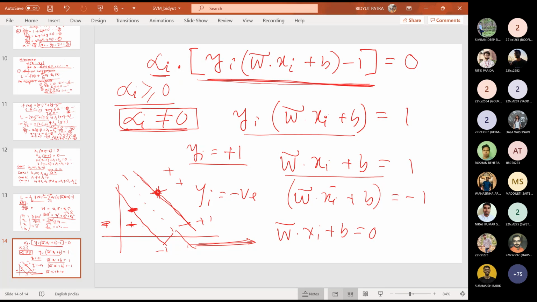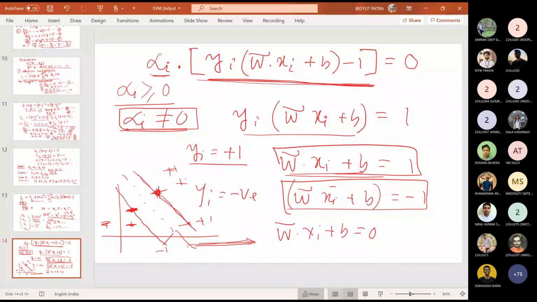This is the equation we get for the positive sample, and this is the equation for the negative sample. For your information, these samples are basically important; the rest of the samples you can forget. Whenever a new sample comes, we don't need to look at those other values; we focus only on the samples which are on the line, and these samples are actually called support vectors, not all the samples.